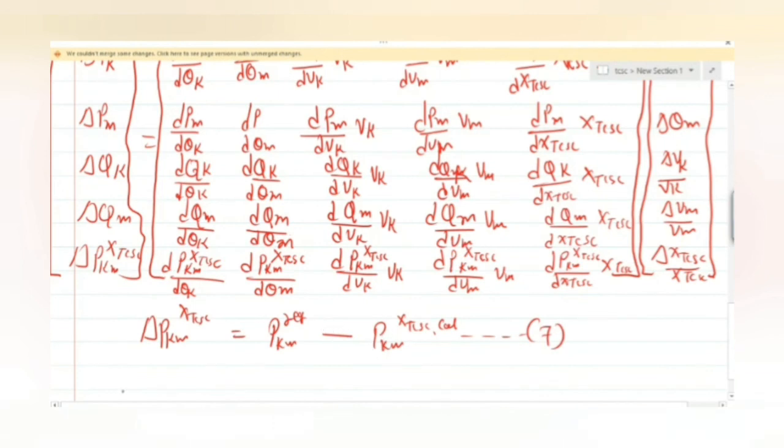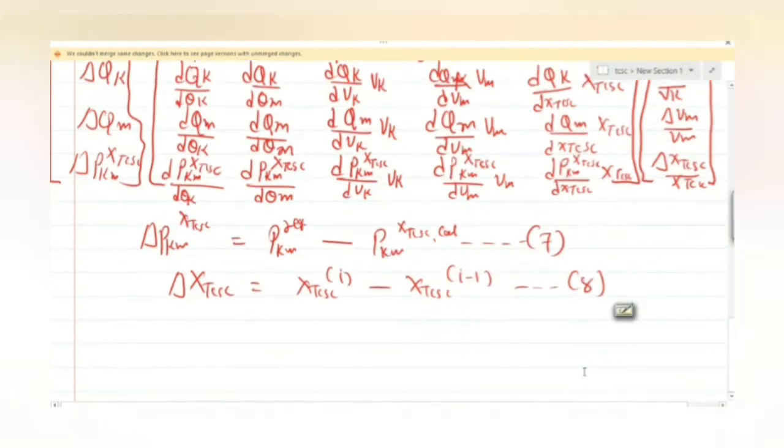So your del x TCSC is equal to x TCSC at the current iteration minus x TCSC at the previous iteration. It is an incremental change in series reactance.